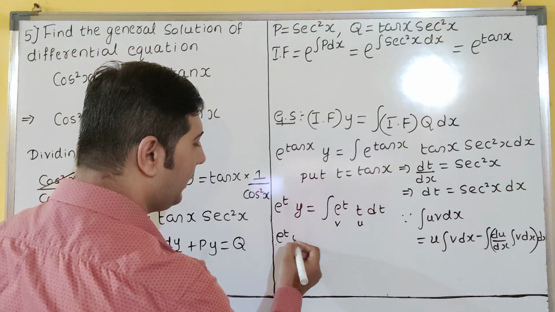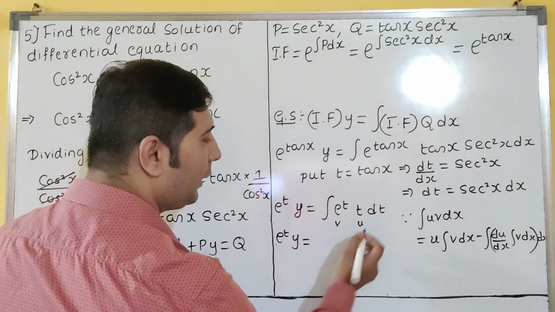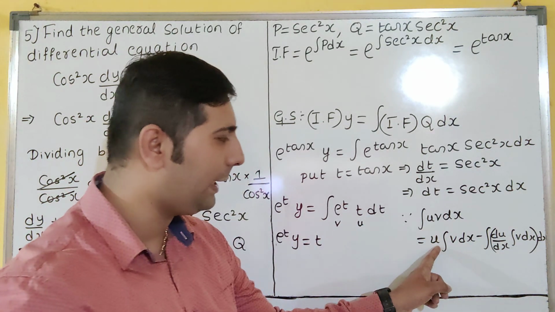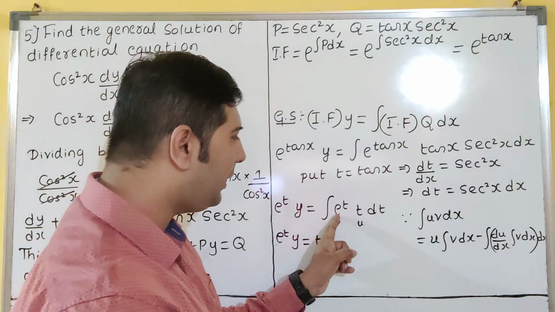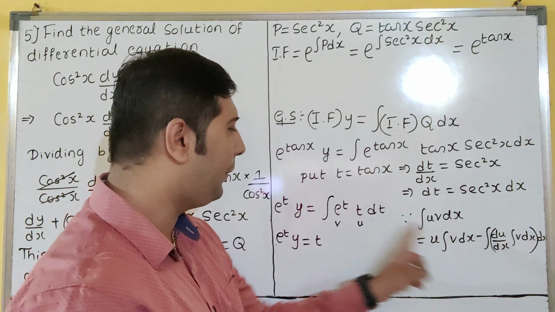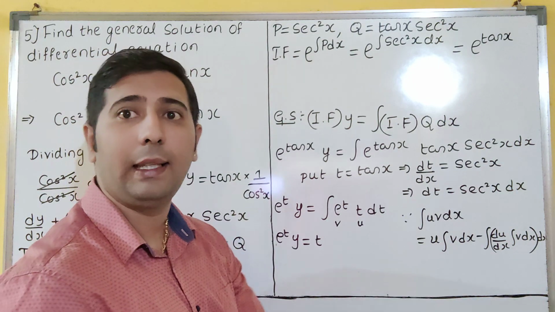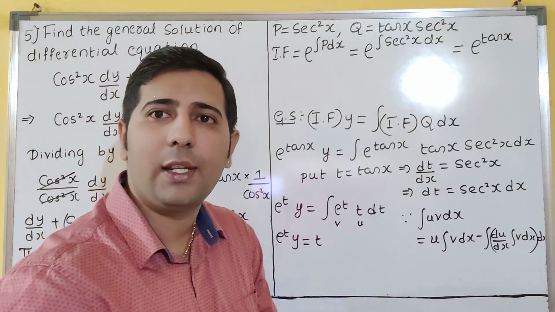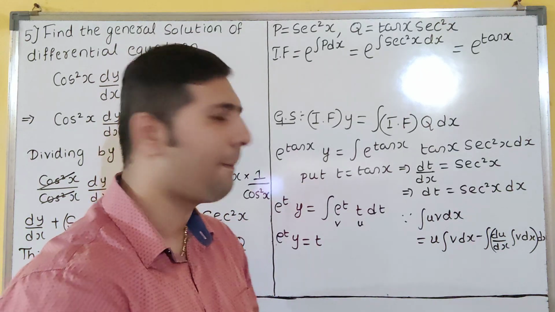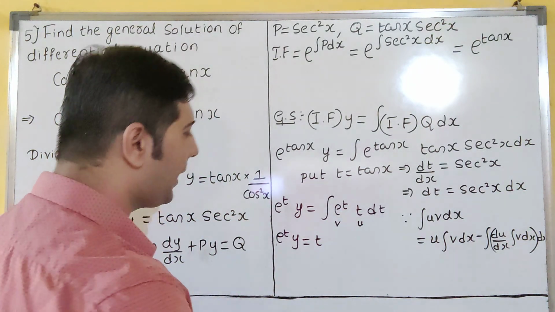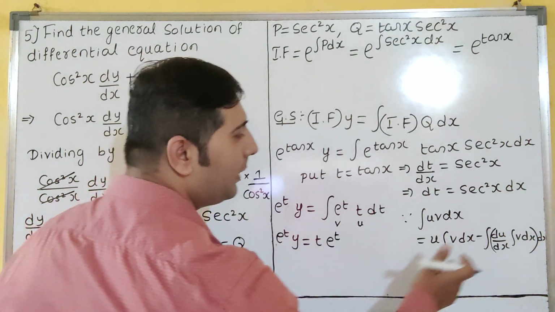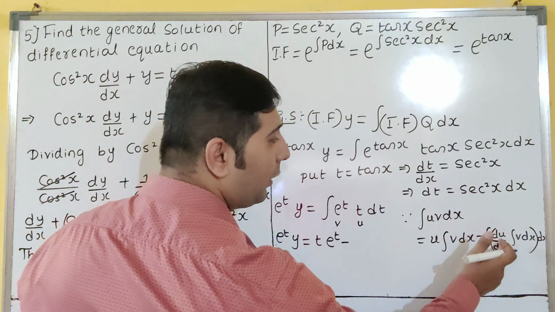Now write as is: e raised to t into y. u is what? t. e raised to t. See here, u I have written as is t. e raised to t integration, we have to take integration, no? e raised to t integration, just imagine it is e raised to x only. While writing, you write t. Integration is e raised to t, just as e raised to x integrates to e raised to x. Similarly, minus u derivative.